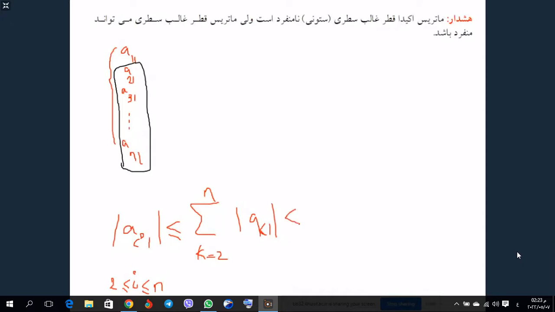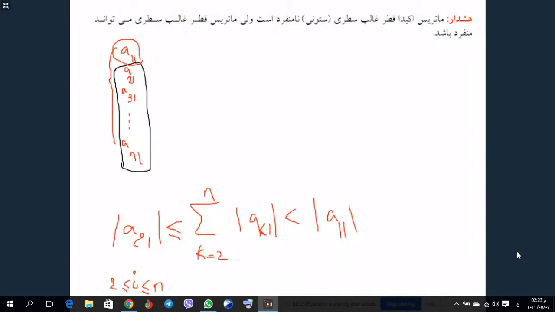By the hypothesis, the summation over k from 2 to n of |a_k1| is less than |a_11|. So all |a_i1| are less than |a_11|. That means it's the maximum in the first column.